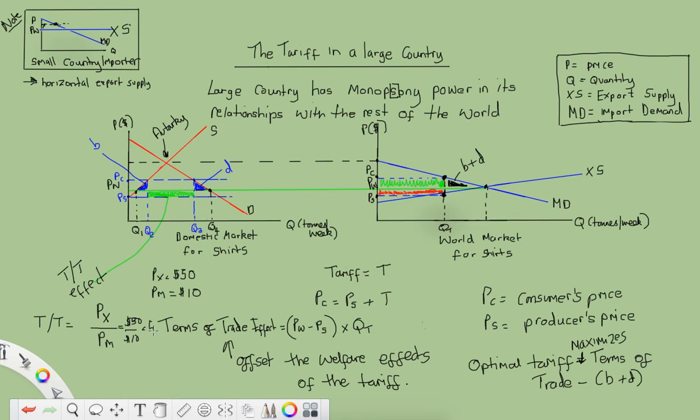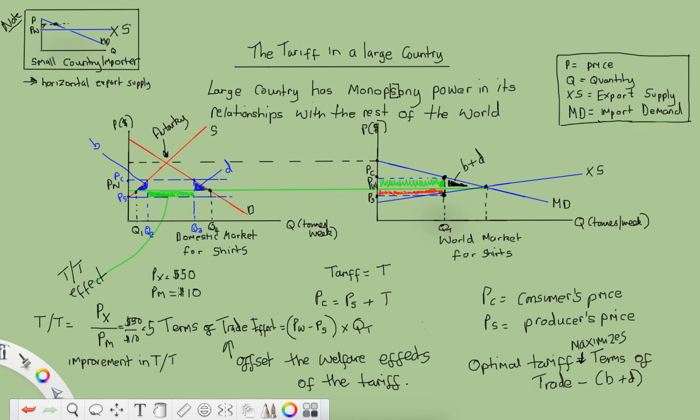And really what you're just saying is, if I export 1 unit of my export good, I can have 5 of the import goods, however defined. And so an improvement in the terms of trade is, say, when your export price goes up. So we say that a country's terms of trade have improved when the export price goes up relative to the import price.